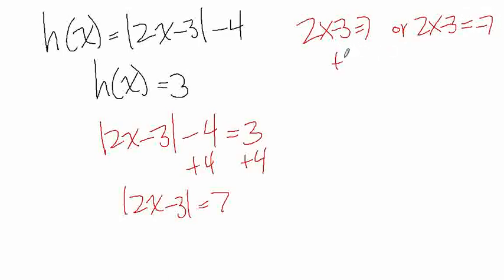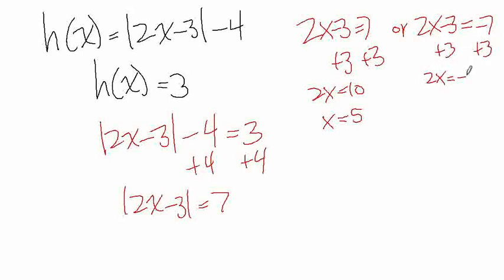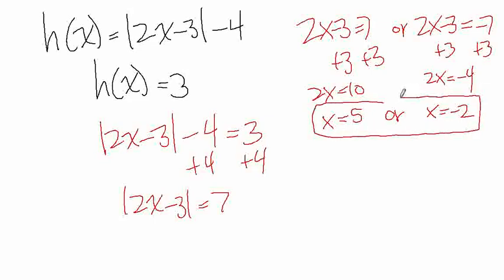Okay? So we solve both of those cases. So x is equal to 5 or x is equal to minus 2. Both of those x values will make the function h evaluate to 3.